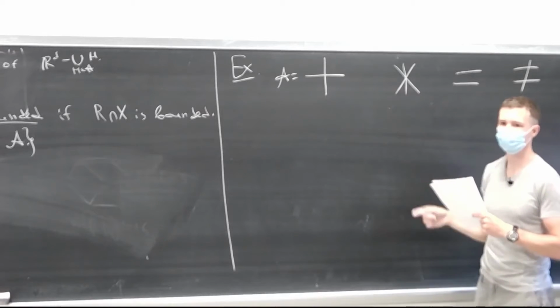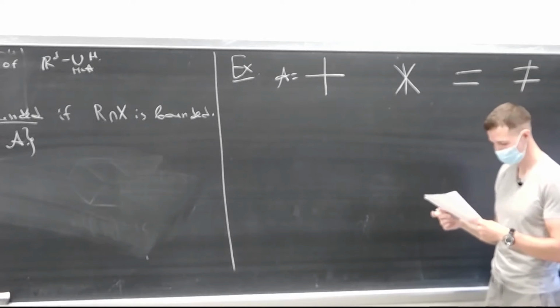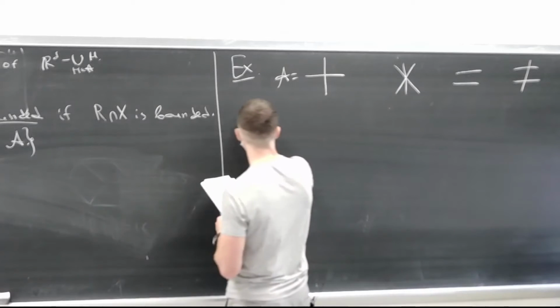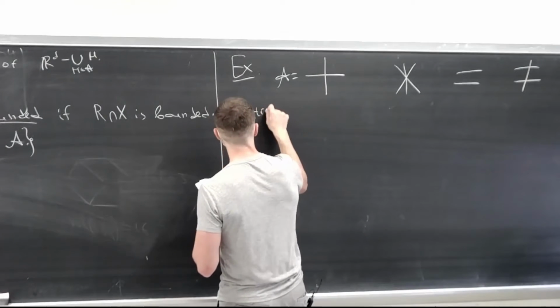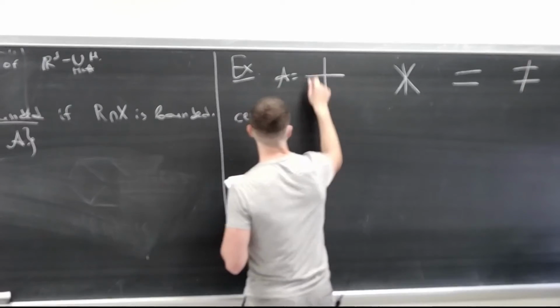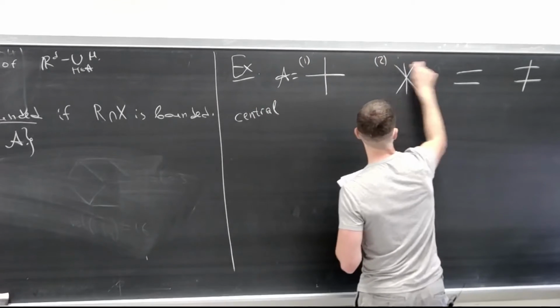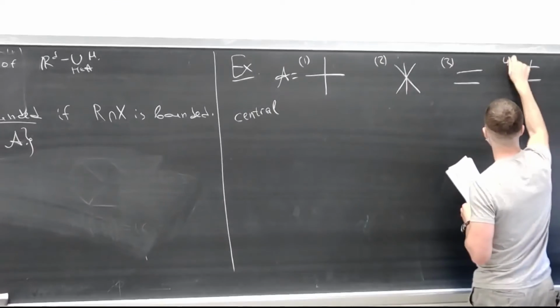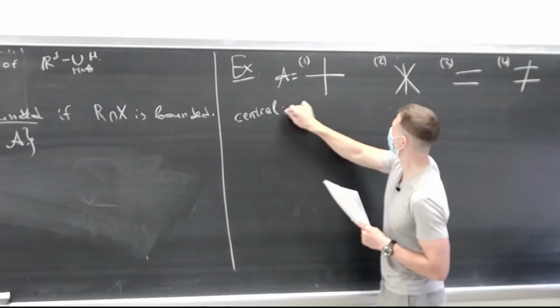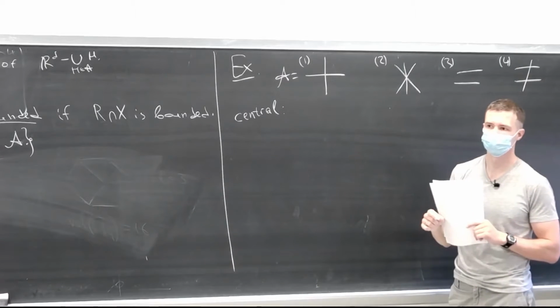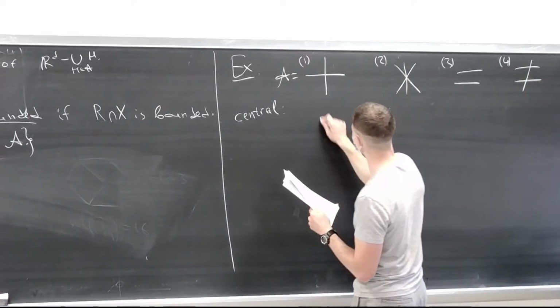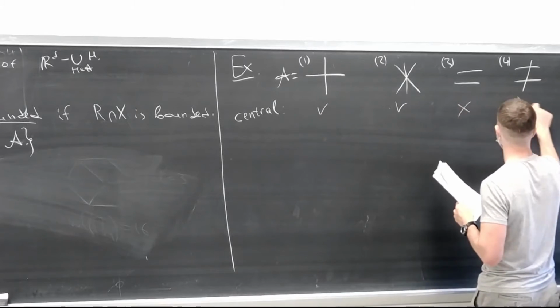Here are 4 hyperplane arrangements, and the first question is which ones of them are central? Let me say that this is 1, 2, 3, and 4. So which ones are central? 1 and 2. That's nice. 2, but not 3 and not 4.